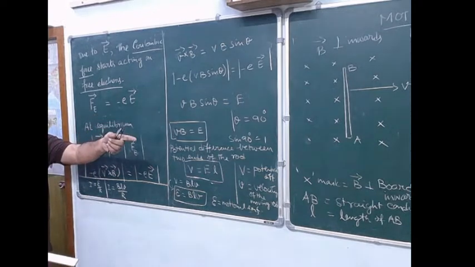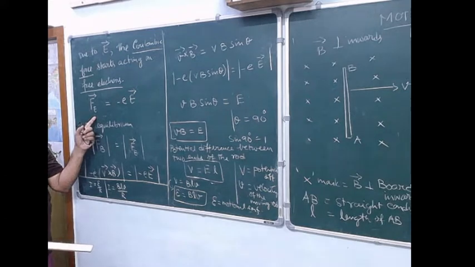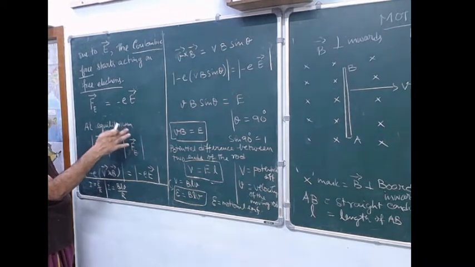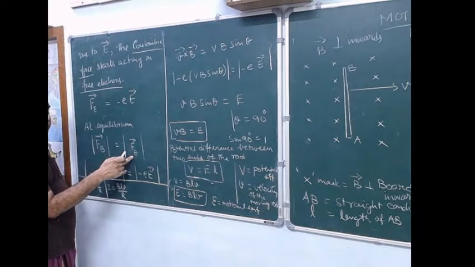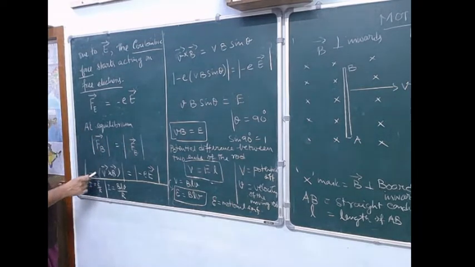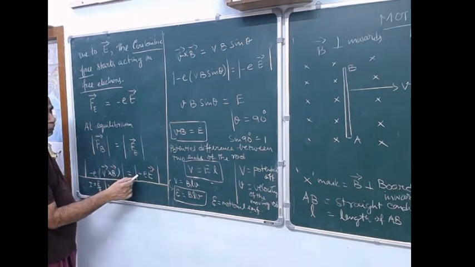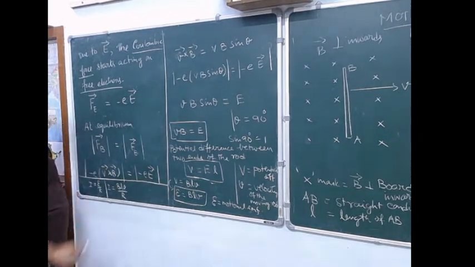The Lorentz force is due to the magnetic field, and the Coulombic force is due to the electric field. So there arises an equilibrium at that stage. Both forces are equal, so the magnitude of the Lorentz force vector equals the magnitude of the Coulombic force vector. Fb can be expressed as minus e into v cross B, whereas Fe is minus e into E.